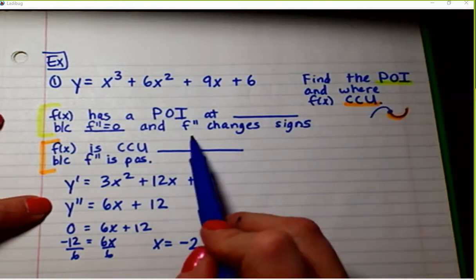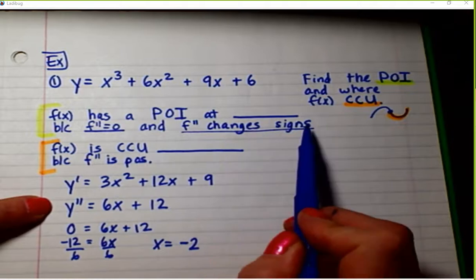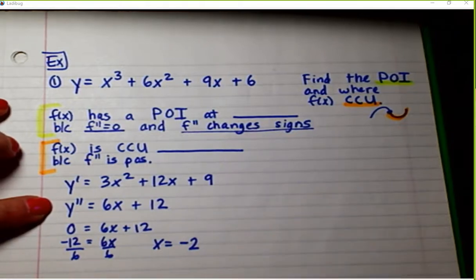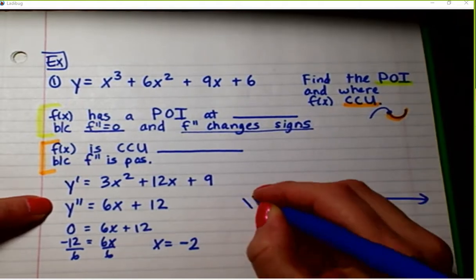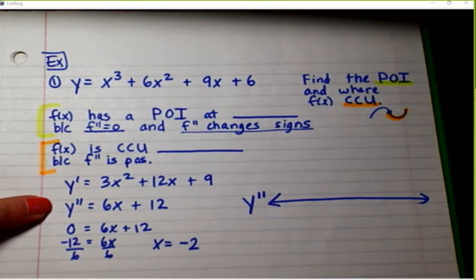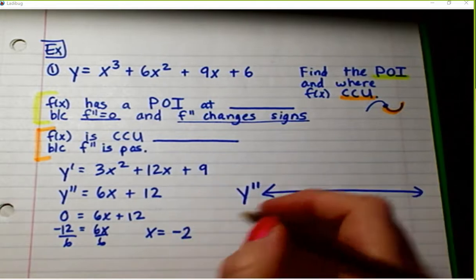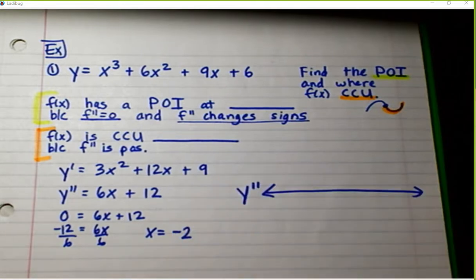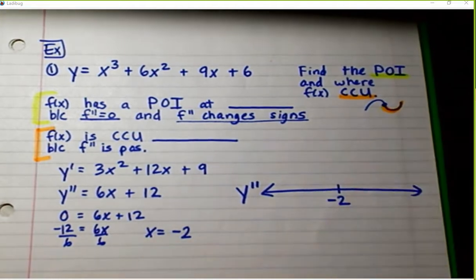Okay, the second part of my sentence says double prime changes sign. So that means I'm going to need the double prime number line. So I'm going to go right here. I'm going to put a giant Y double prime next to it. When you label your number line, it makes it harder to plug in the wrong thing. Okay. And I've got one number, one spot that's in between.